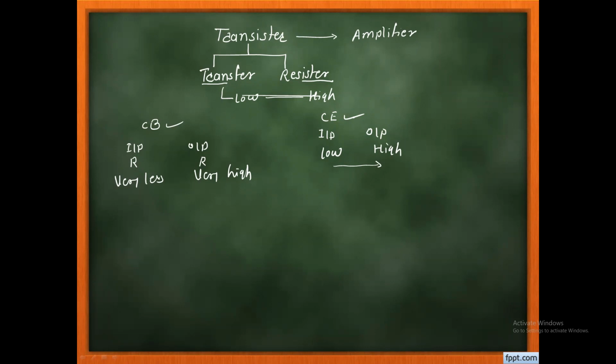But for the common collector configuration, it is exactly the reverse. Input resistance is high and the output resistance is low. That's why this configuration is never used in the amplifier circuit. Get it my point? Okay.